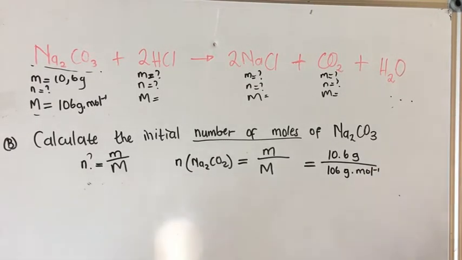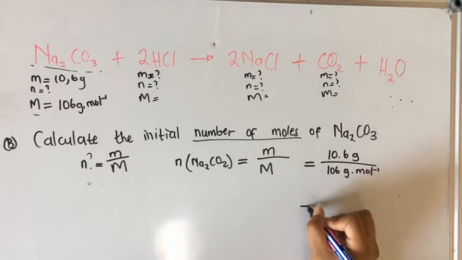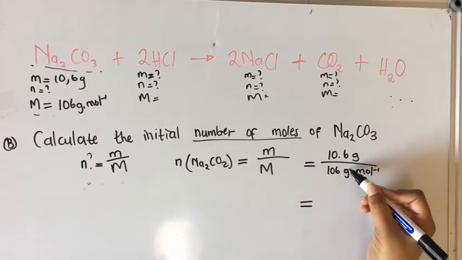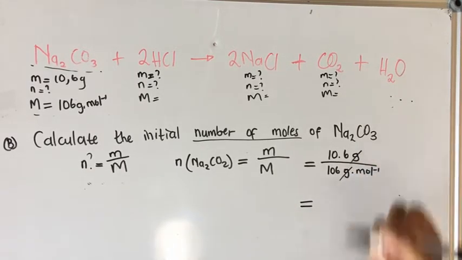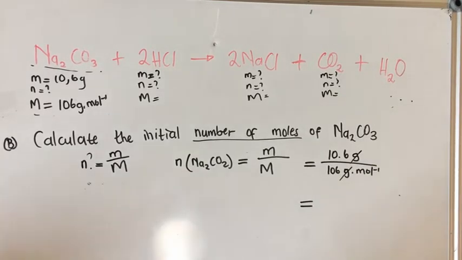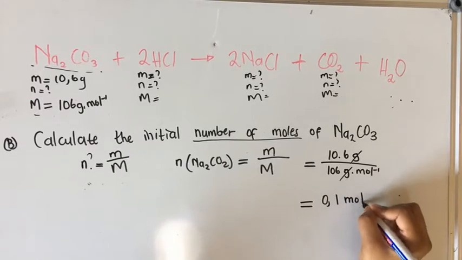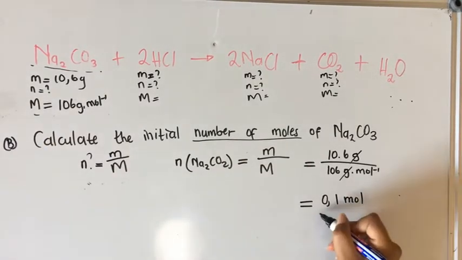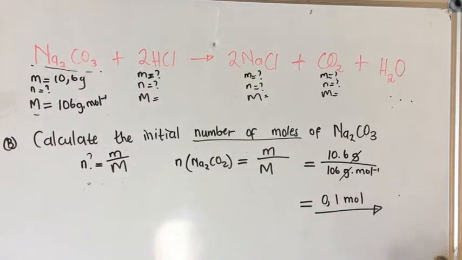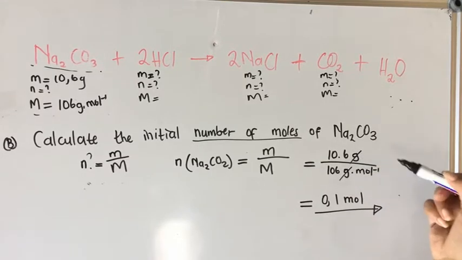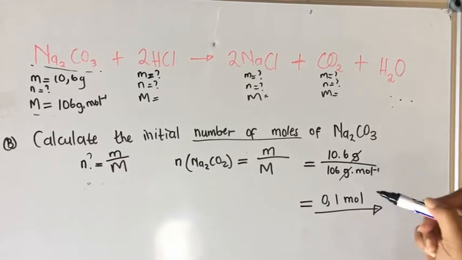And then from there ama-grams azokhanselana namanye ama-grams, so sisele ngama moles. Alright, so then uzokwenza calculator yakho. See, it's 10.6 divided by 106. Isinikeza u-0.1 mole. So asikho isidingo sokuthi ukhiphe ama-SI units, right? Ngoba uyabona u-grams no grams bayakhanselana and then sisele ngo-mole.